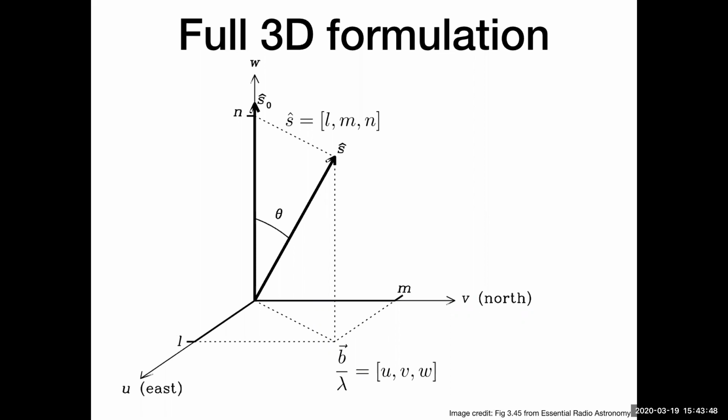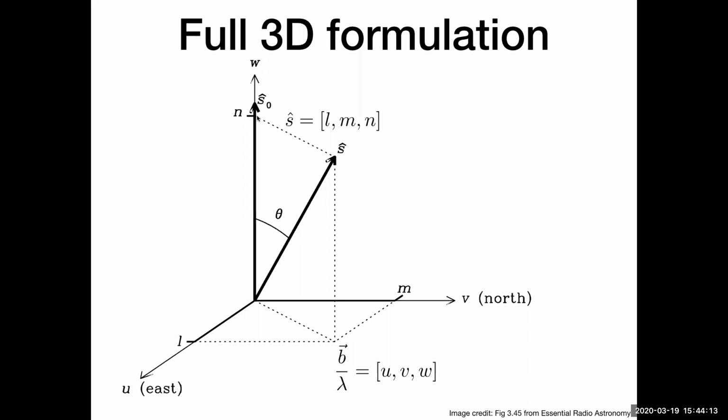So this is the coordinate system that we are going to be working in. We have some direction S0, which is the nominal center direction that we're looking in. This would be the direction that you've defined, for example, your geometric delay to.